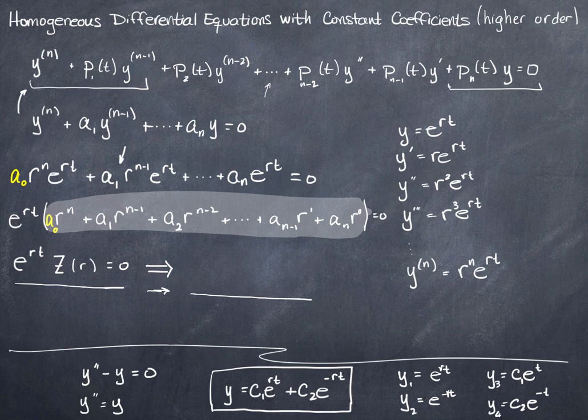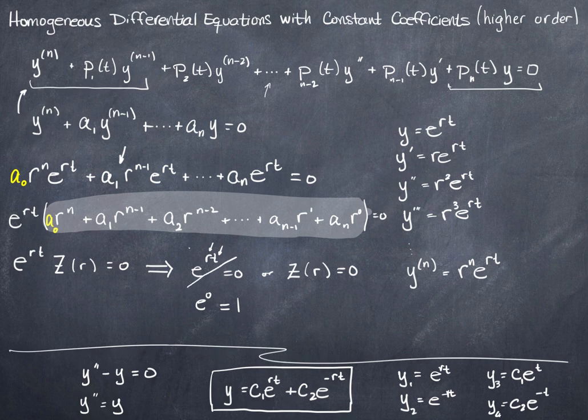And so what I'm implying here is that either e to the rt must equal 0, or the function z of r must equal 0. Well, e to the rt can't equal 0, because if I let r equal 0, or even t equal 0, I get e to the 0, which is 1, not 0. So this can't be true.